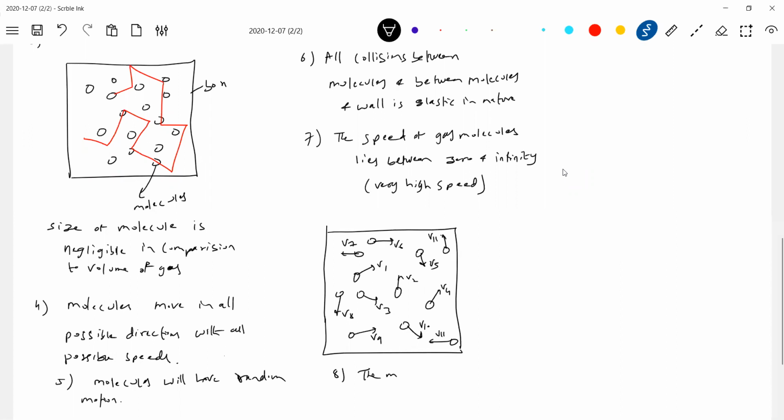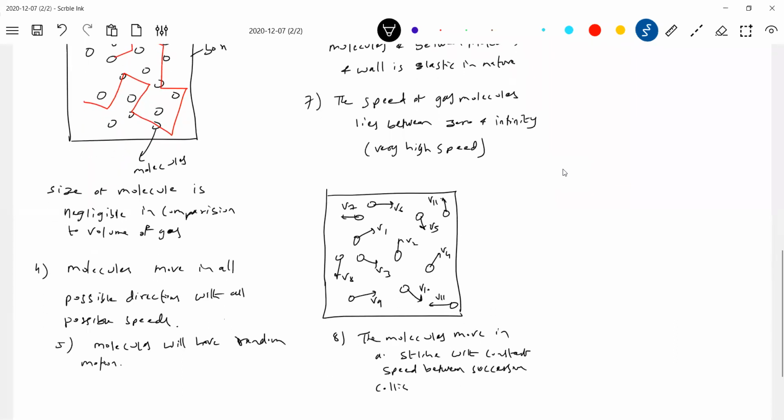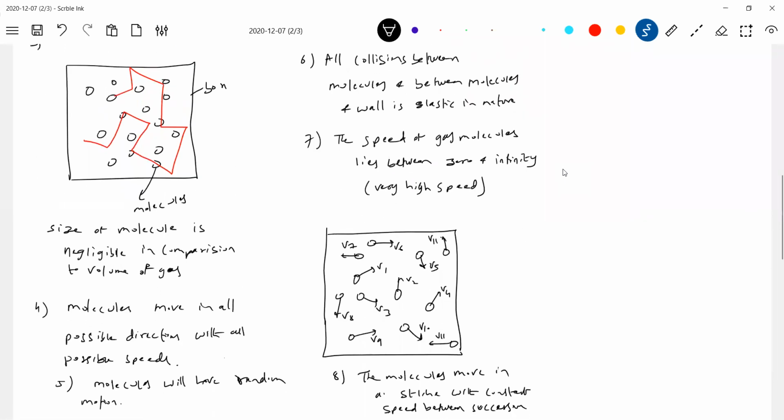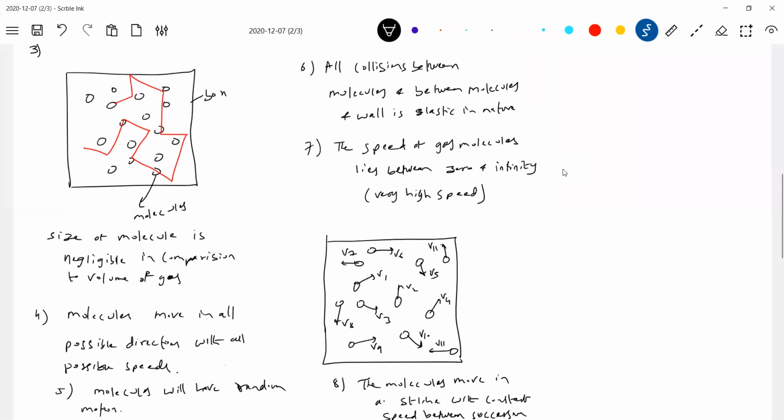The molecules move in a straight line with constant speed between successive collisions. I think I'll show the diagram itself.